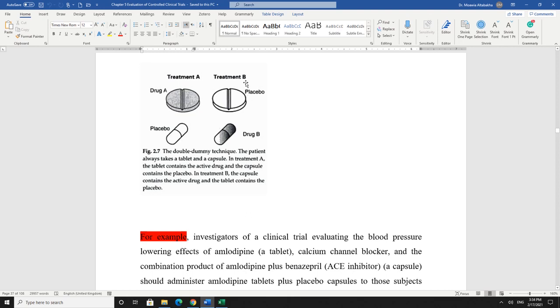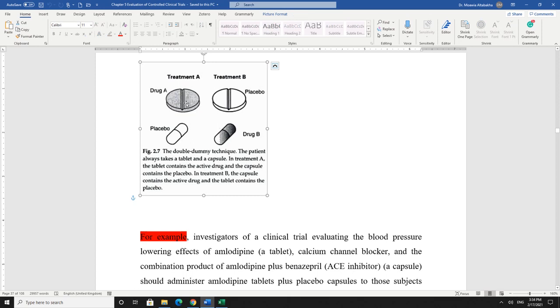What we will do is, for the person who's taking medication A as a tablet, I will give him a placebo capsule. And for the patient who's taking medication B as capsule, I will give him a placebo tablet. What is this process called? It's called the double dummy technique.